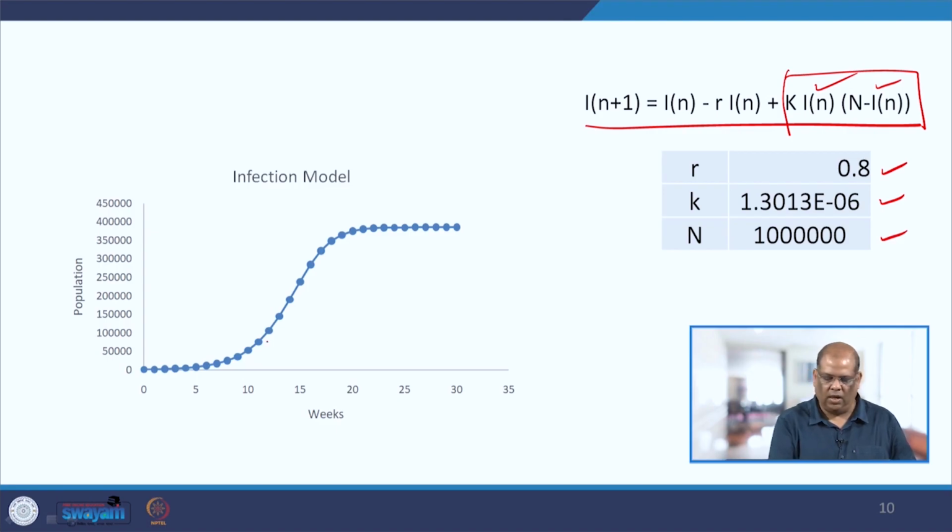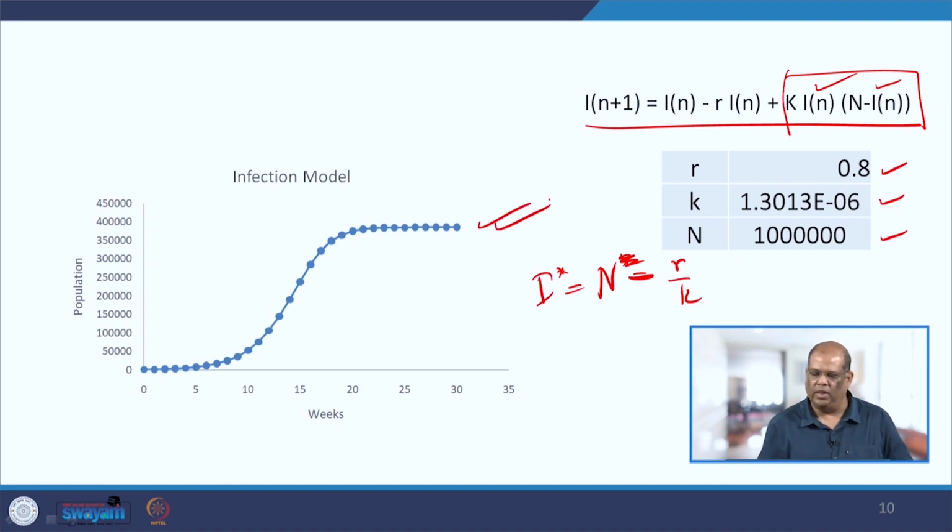You have seen that the model is stable about the equilibrium point I star equal to n minus r by k. This is your I star and this is the value where it has reached. So, with this model the population will reach a steady value which is equivalent to n minus r by k. You can substitute these values and easily calculate.